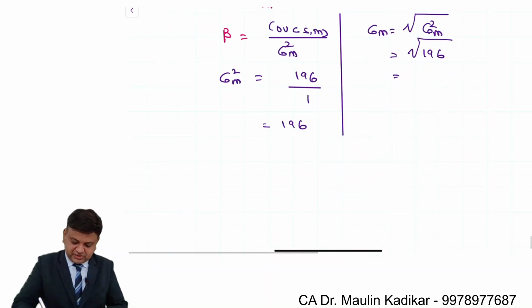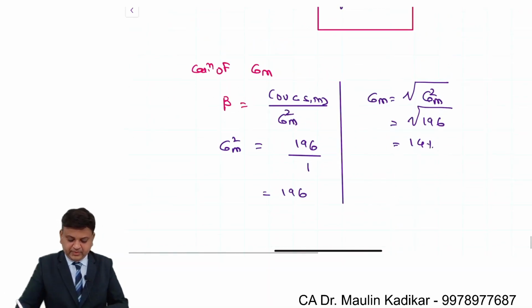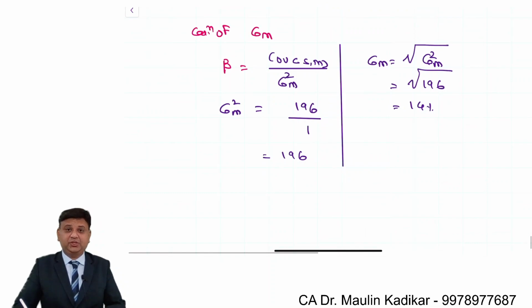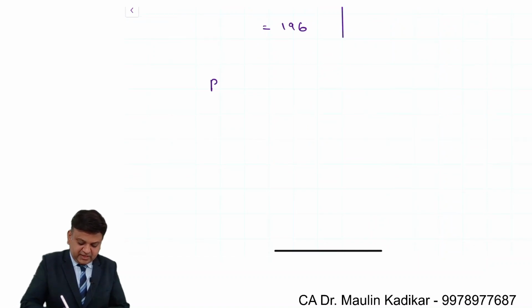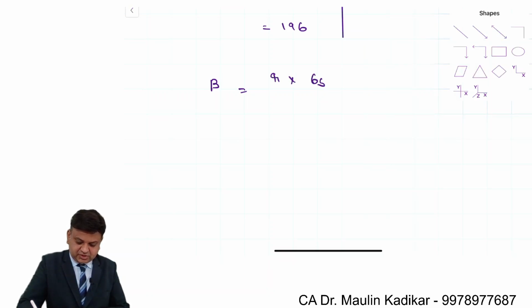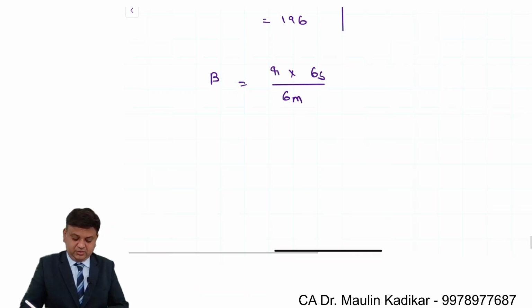That comes to 14%. This is the way we can compute the standard deviation of the market portfolio. Again, we can use the formula for beta. It is R into standard deviation of security divided by standard deviation of market portfolio.